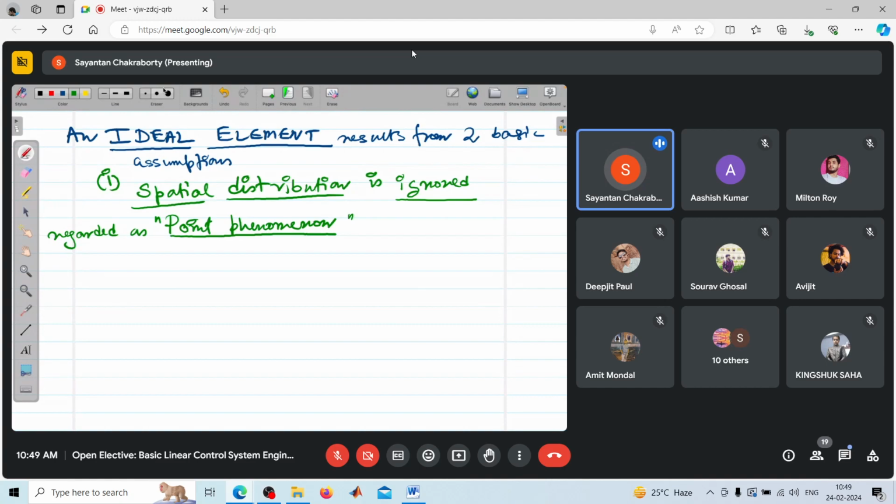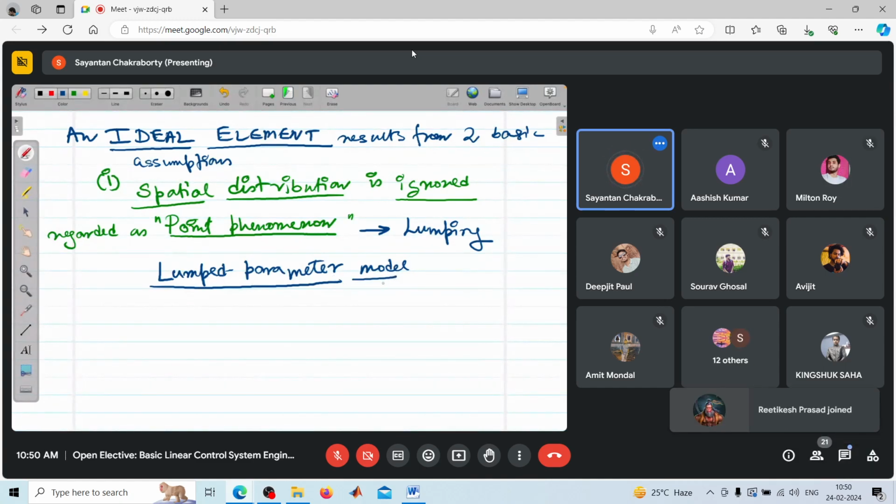This kind of operation is called lumping, and the corresponding model is called a lumped parameter model.